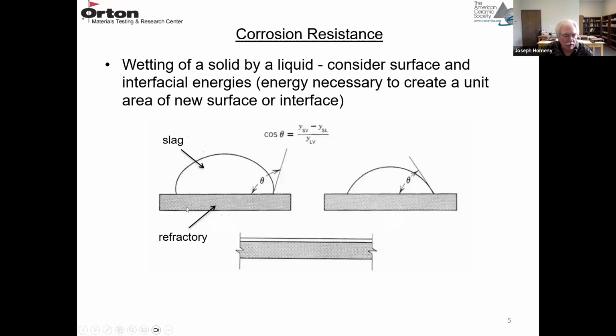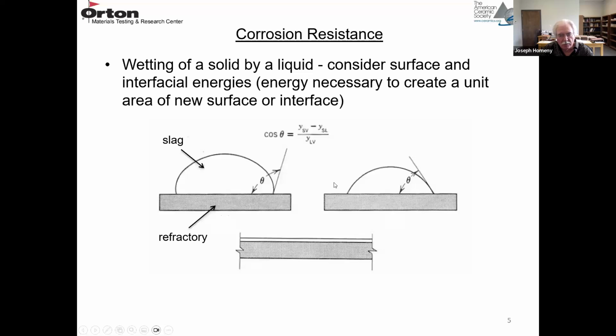So this is a typical sessile drop type experiment, describing wetting of a solid by a liquid. And you have to look at the interfacial energies here. And there's three different energies to consider. The solid vapor, this is your refractory substrate, and this is your liquid drop labeled slag.